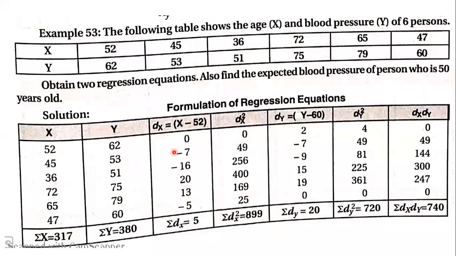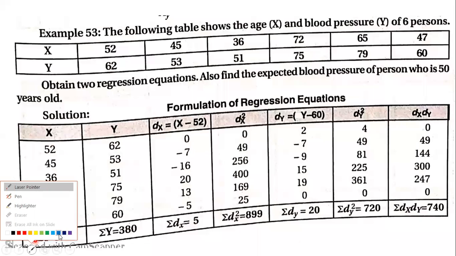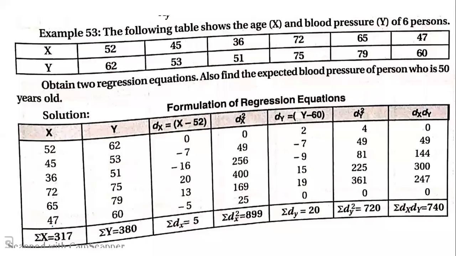And here we have taken 52. That is the first number. See, I always told you that you can take any number from this as assumed mean. So here they have considered 52 as assumed mean for x. And for y, they have considered the last number, that is 60, as assumed mean.